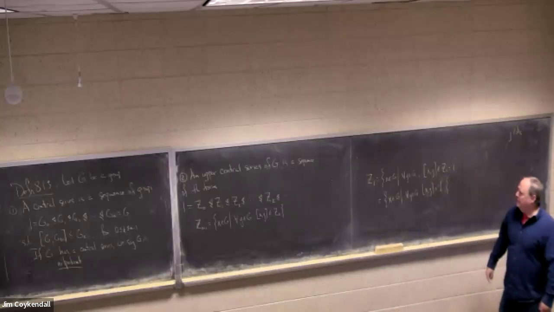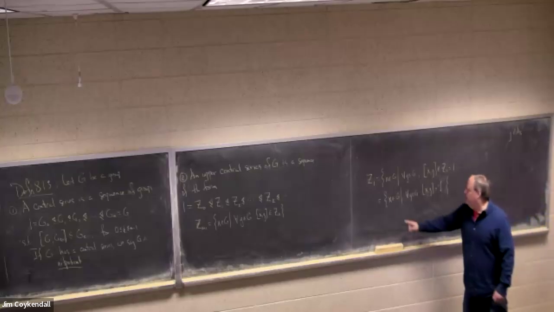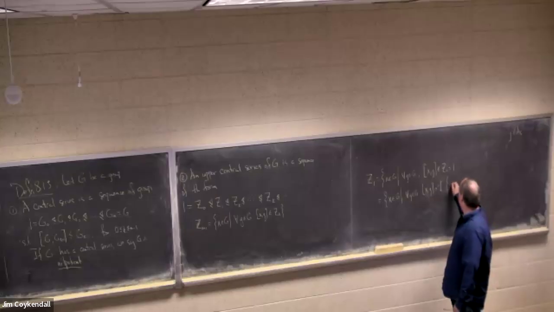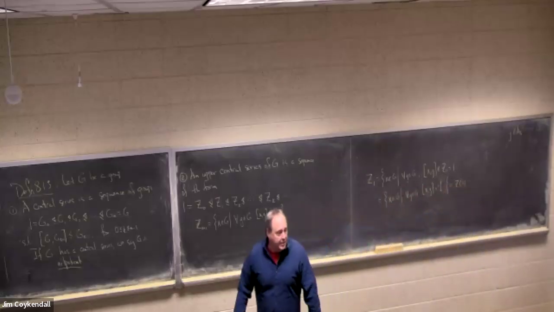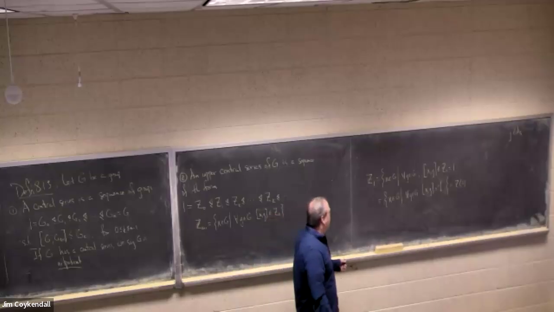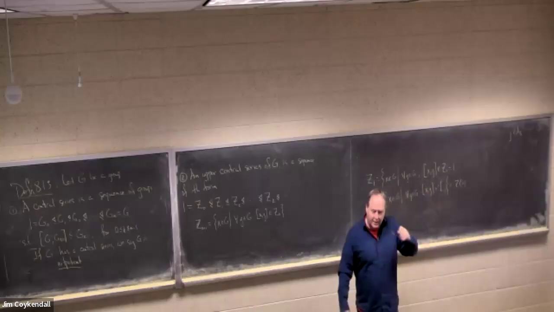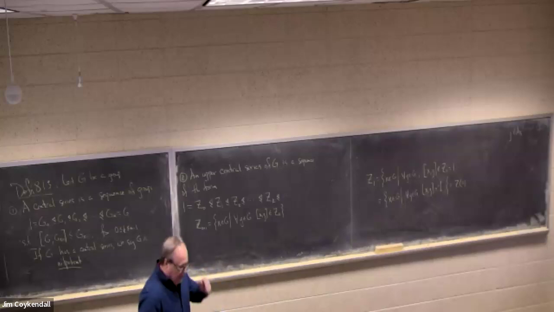Can somebody think of another name for Z1? It's the center. It's everything in G that commutes with everything in G. So this is the center of G, and hence that notation. But now you inductively build up from that. And Z2 is everything in G such that for all g in G, xg is in the center, and so forth and so on.